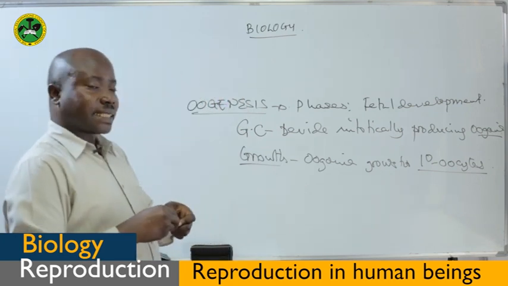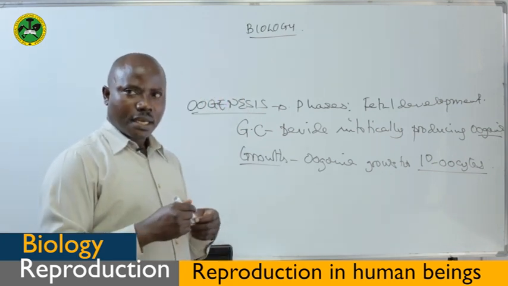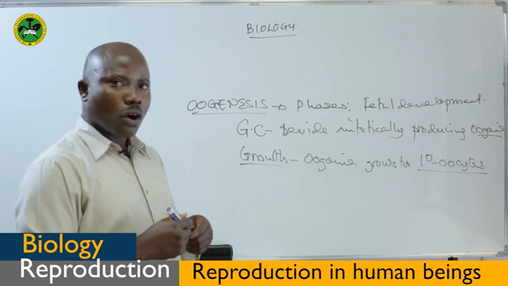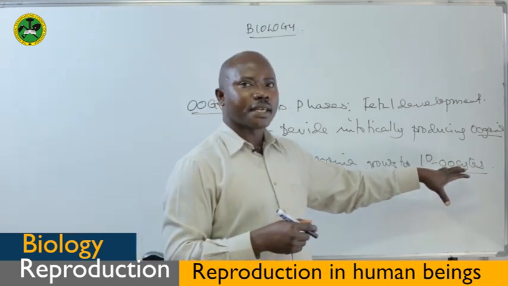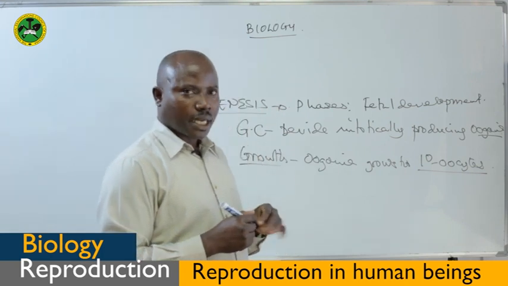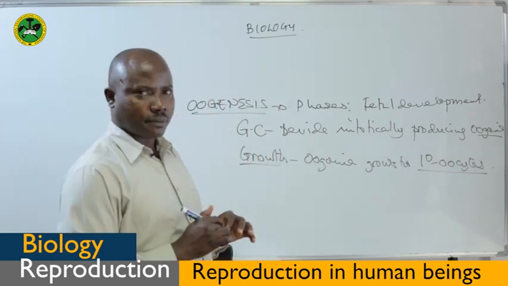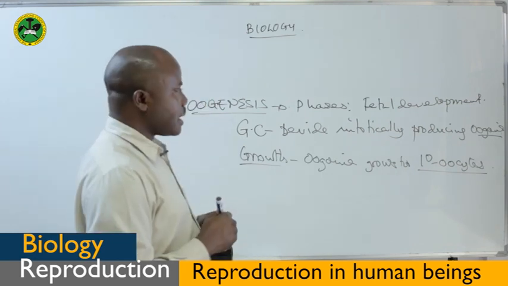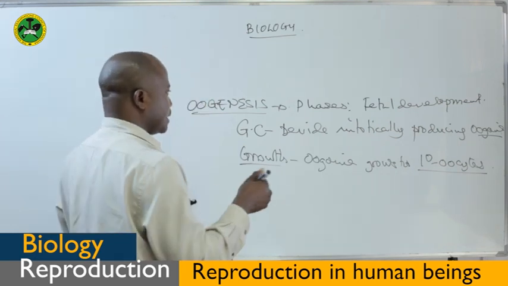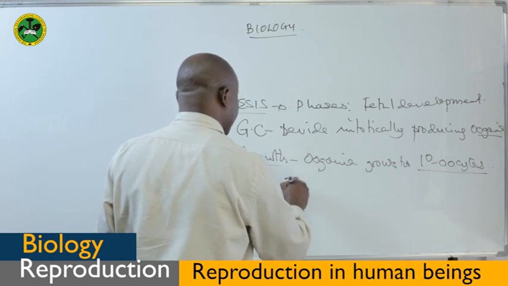Therefore, at the time of birth, a newborn baby girl has a large number of primary oocytes. Gametogenesis stops there in a female body. It starts again at puberty. This makes the second phase.